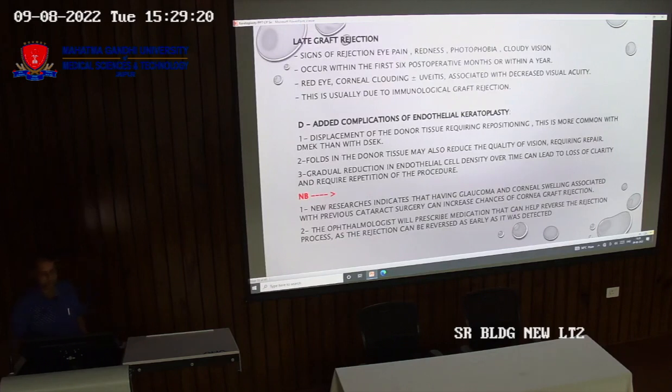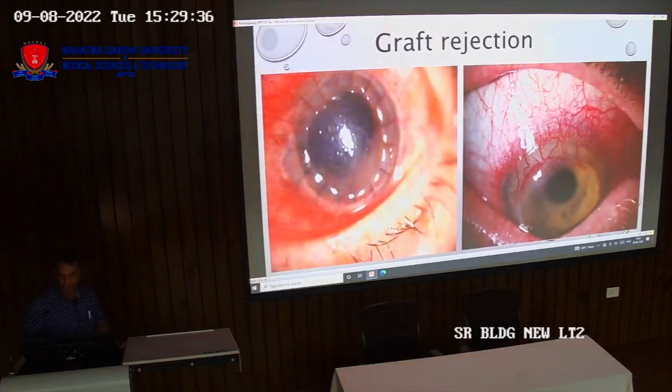Other complications of endothelial keratoplasty are displacement of the donor tissue requiring repositioning, fold in the donor tissue, and gradual reduction in the endothelial cell density over time. So these are the signs and symptoms of graft rejection, which may occur early or late.